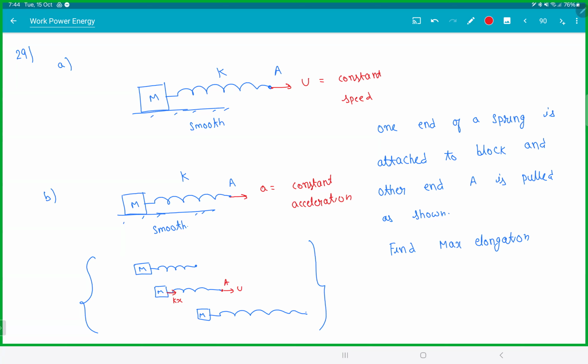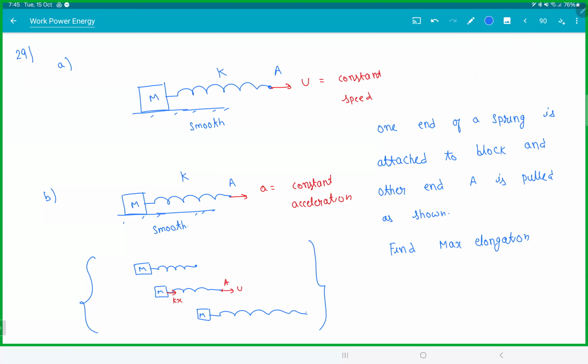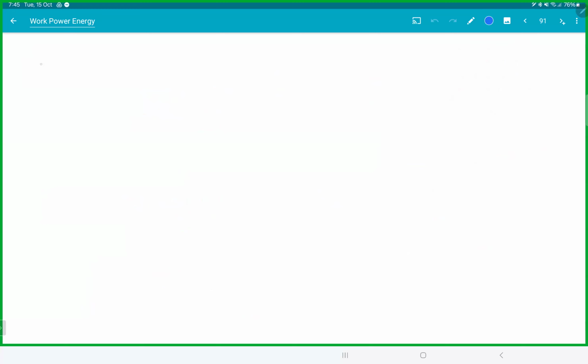Root m by k. Okay. Now see. One thing, whenever you get these questions, there's a big hint here. Not only in this chapter, any chapter. Keep this in mind. Now this thing is not a physics concept. This you will learn by seeing a lot of problems.